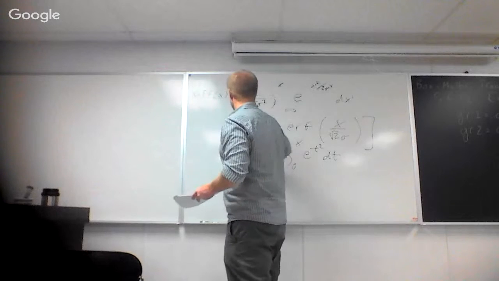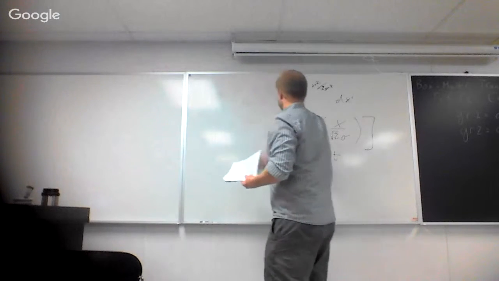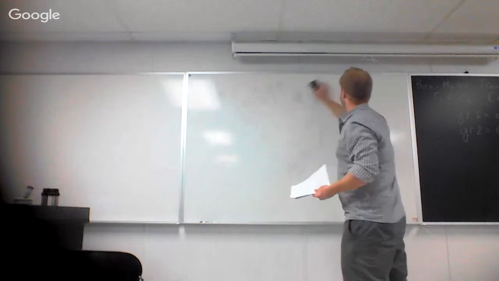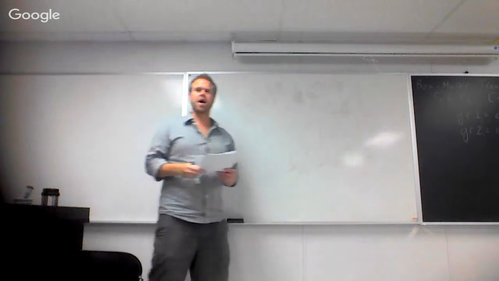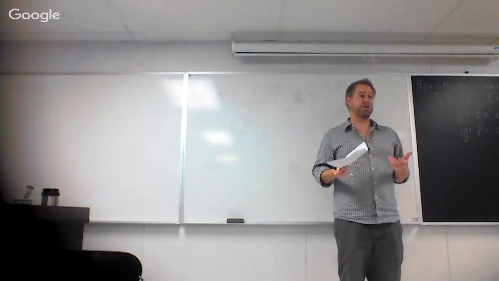Can anyone think of another way we could generate a random number distribution that yields a Gaussian? Average a bunch of random numbers. Yeah, why does that work? We can use the central limit theorem.